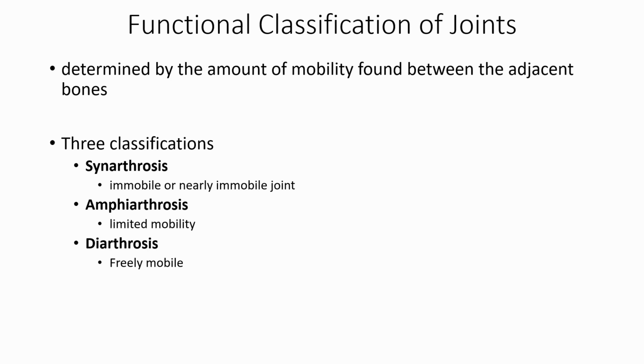Amphiarthrosis, this is where we have some mobility, some movement with these bones, but not a whole lot. And then diarthrosis, this is a completely freely movable joint. So usually if you're thinking of a joint, you're probably thinking of a diarthrosis classified joint, because you're thinking of maybe like your elbow or your knee or your shoulder, something that you have a lot of movement in. Something like the synarthrosis joints you probably are not thinking of would be like the sutures that stitch our cranial bones together, where you really don't want those ones to move.